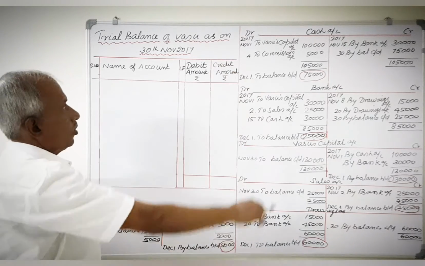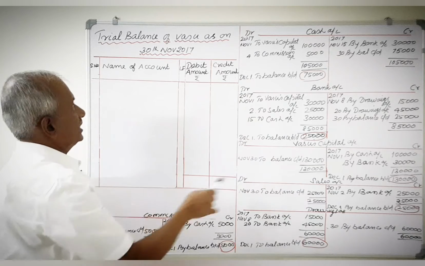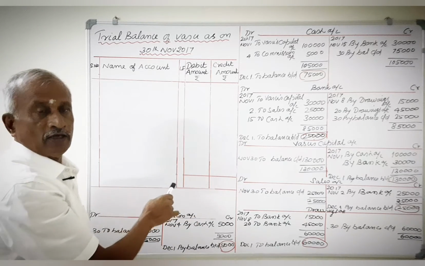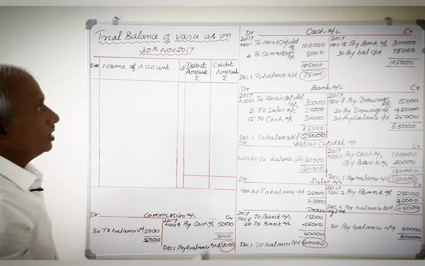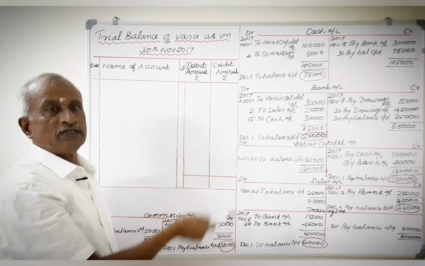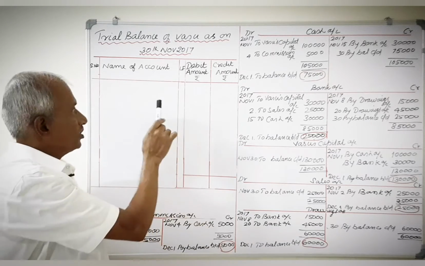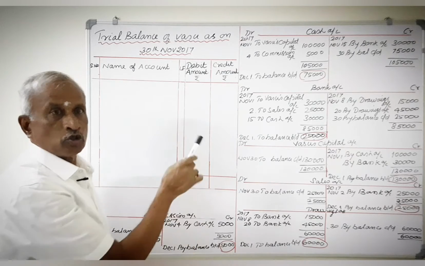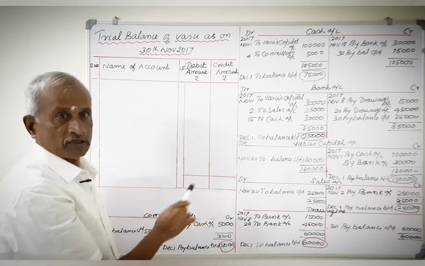Now let us record all the balances in the trial balance and see whether it agrees or not. I have told you already, all the debit balances of the ledger accounts are recorded on the debit side, and all the credit balances of the ledger accounts should be recorded on the credit side.